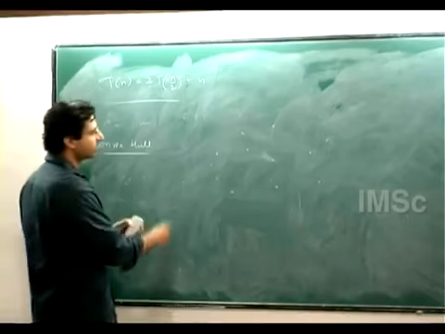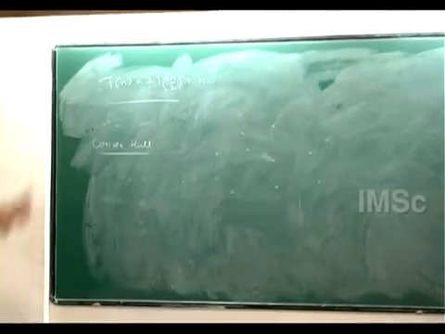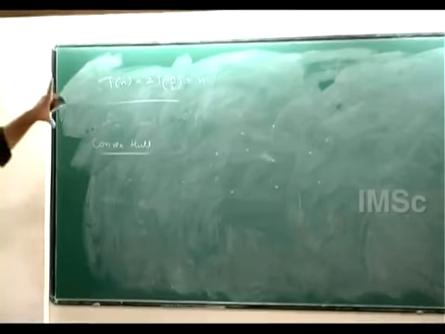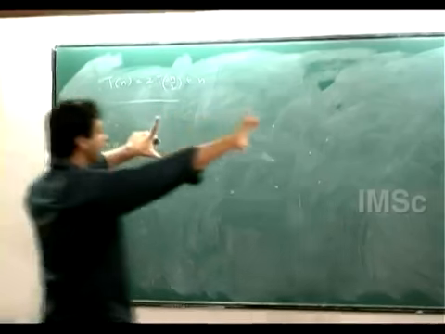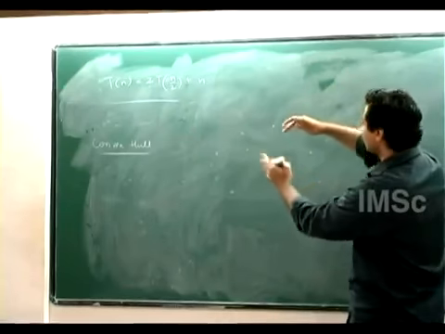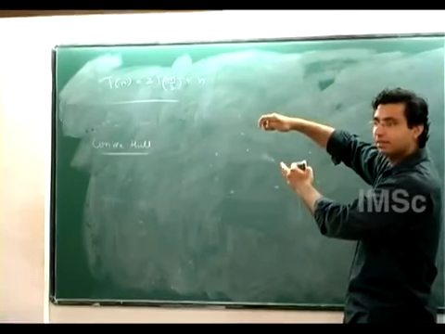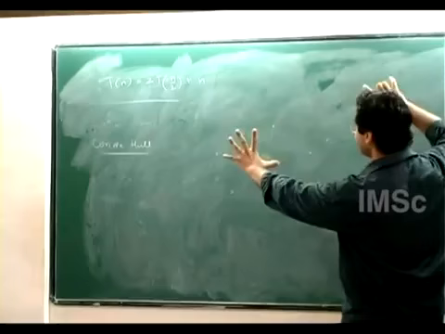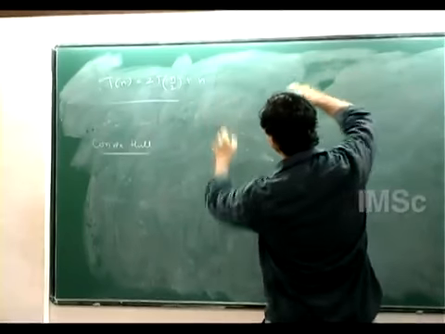So the convex hull is roughly, if you take a big enough elastic rubber band, you put it around all these points, and then you leave this band, it will close on these points.